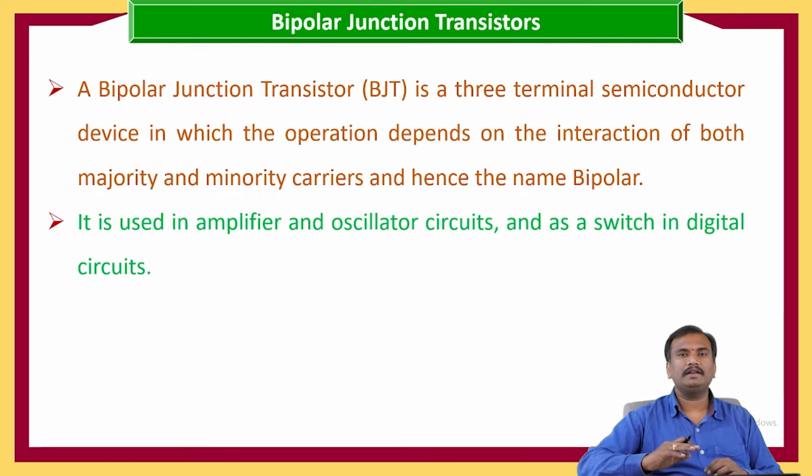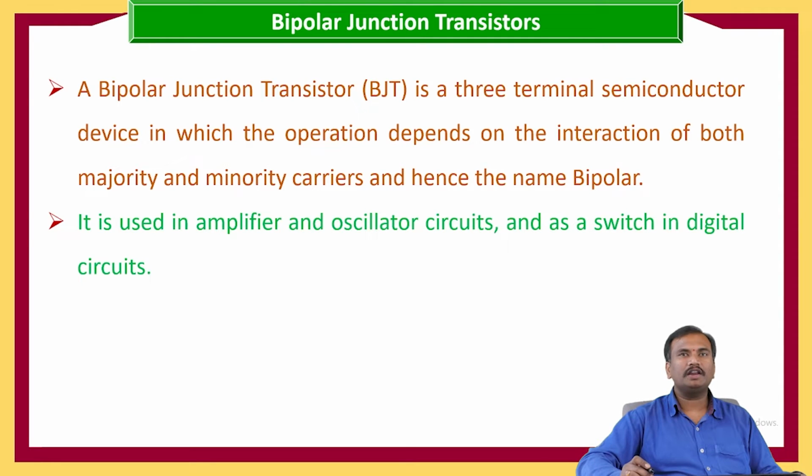Tri is nothing but 3. So 3 layers will be there in this transistor, that is either NPN or PNP layers. Based on the layers which we have used, their junctions are going to be different.